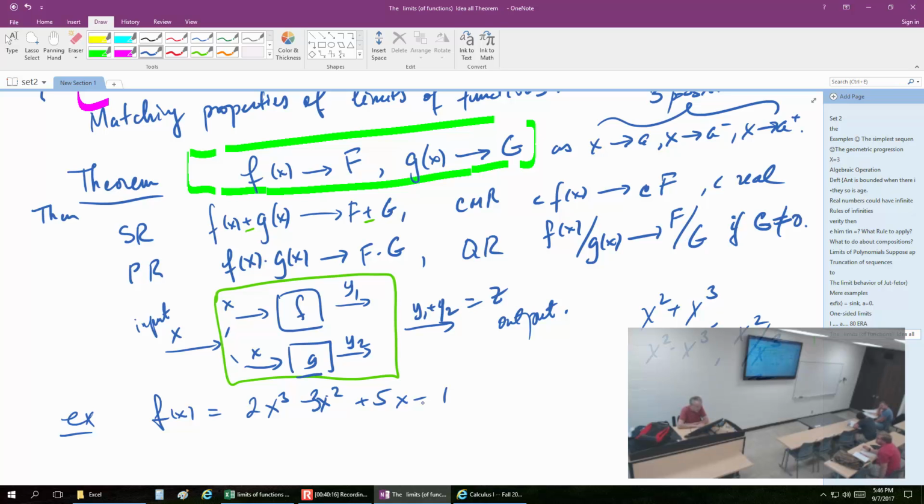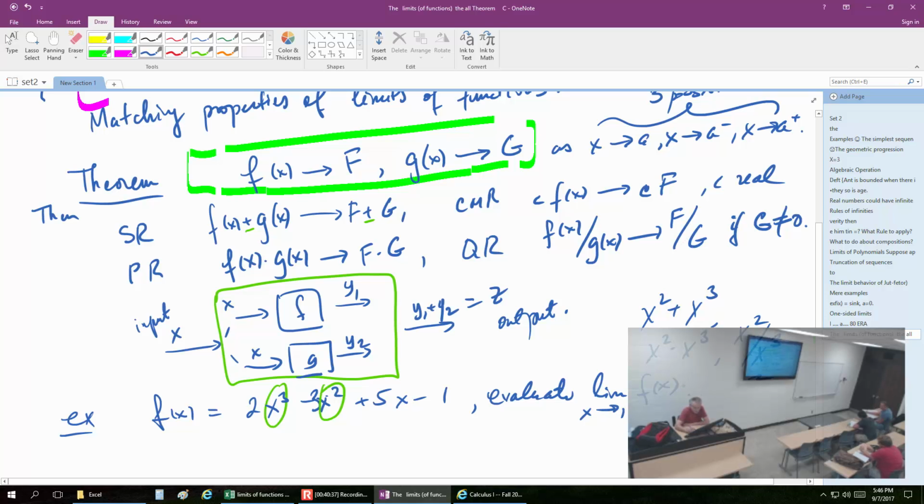You start with certainly taking care of these two functions, x squared and x cubed, and you want to know what's happening with those before you proceed. So the question might be: evaluate the limit of f of x as x goes to, say, 1.